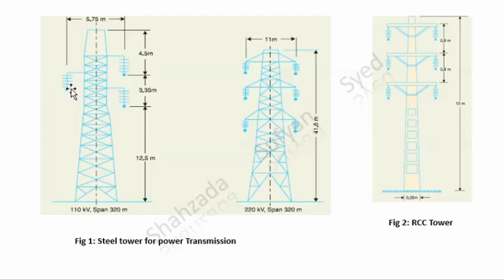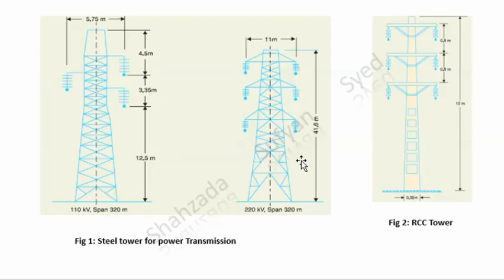In the same way, the distance between this conductor and these two conductors is 5.75 meter, and the distance between this conductor and the top of the tower is 4.5 meter. It is a single circuit.